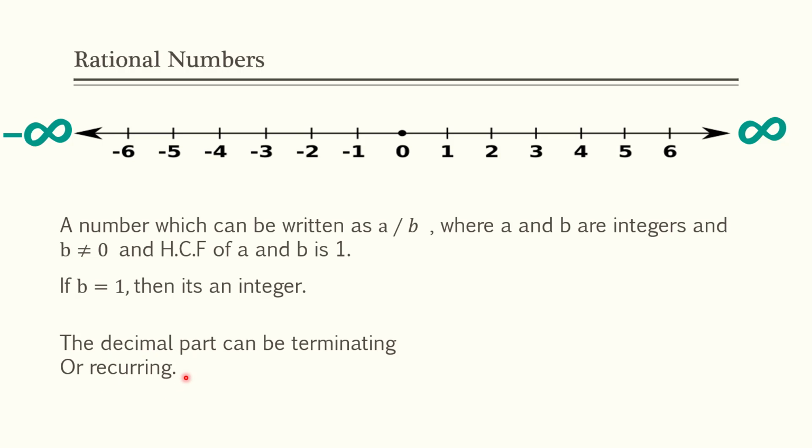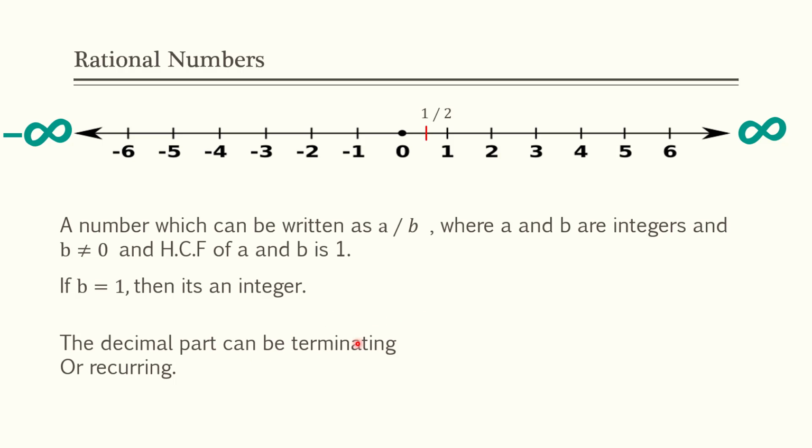So what do we mean by terminating and recurring? Let's say we have this particular number 1 over 2. If I just divide 1 by 2, we will get 0.5, right? So that means we will get only 5 after the decimal point. So that means it is a terminating decimal number.